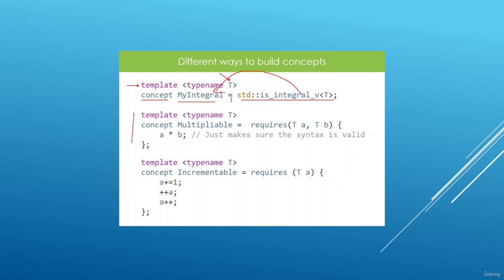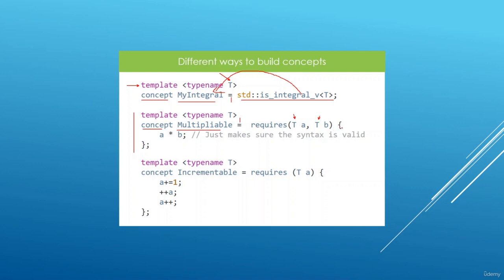Down here, we have another syntax we can use if we have multiple statements in our concept. All you have to do is specify the concept keyword. You give it a name, you put the equal sign, and then you add a requires clause. The requires clause is going to specify the template parameters for which you want to enforce your concept.